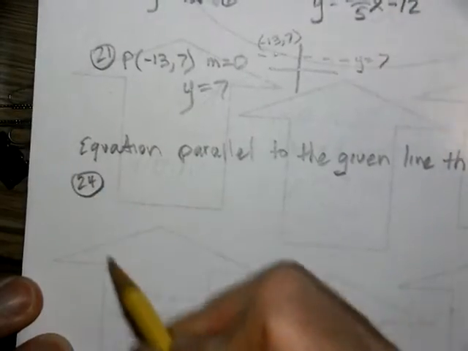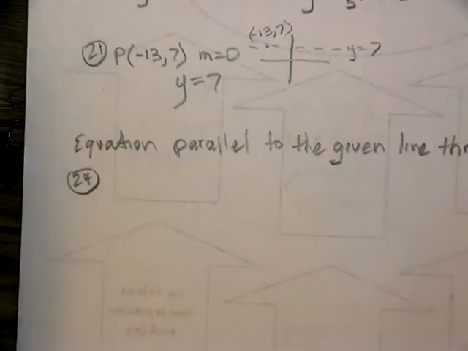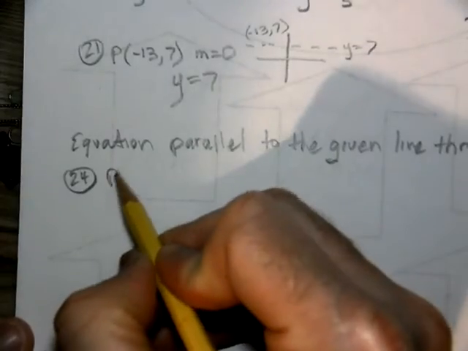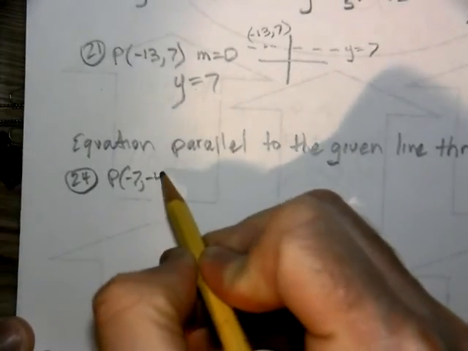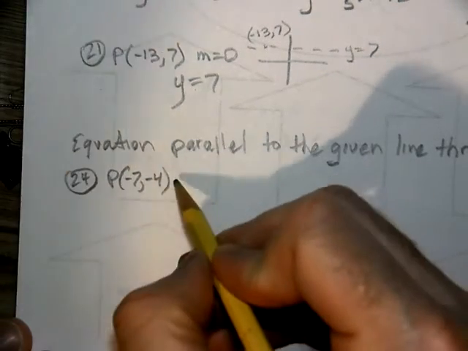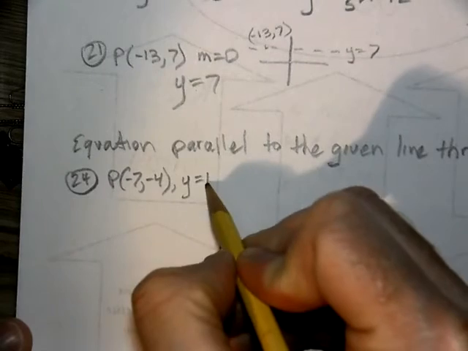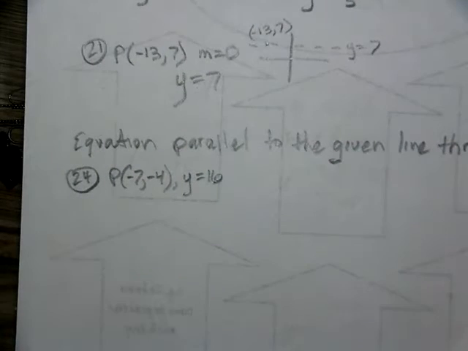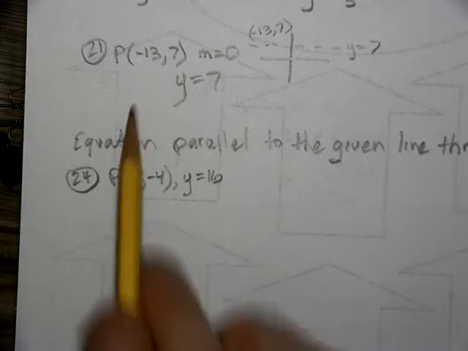So this number 24 has the point of negative 7, negative 4, and the equation of y equals 16. Now this might seem complicated, but it ends up being a little bit easier. It's very similar to the one that we did up here.